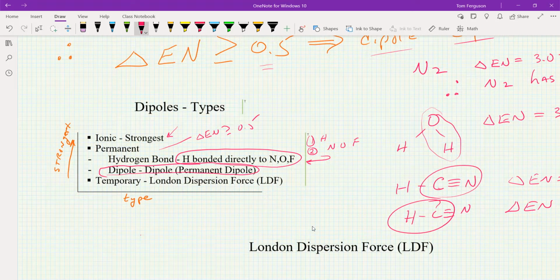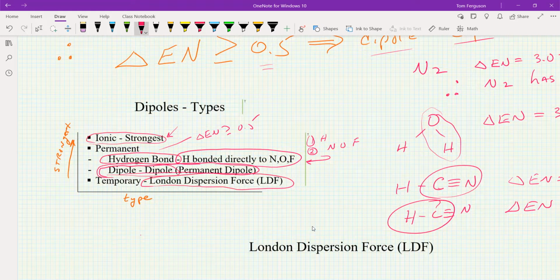Okay, so we have super strong ionic. Next down would be hydrogen bonded permanent. Then dipole-dipole. And lastly, we have something called London dispersion forces.